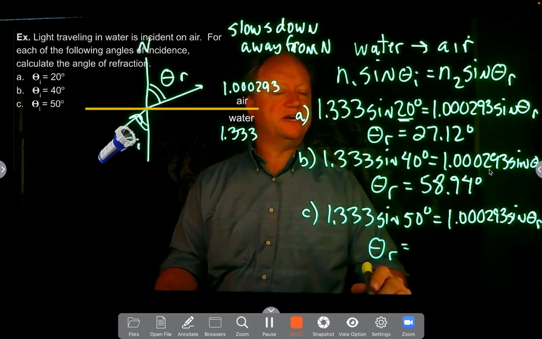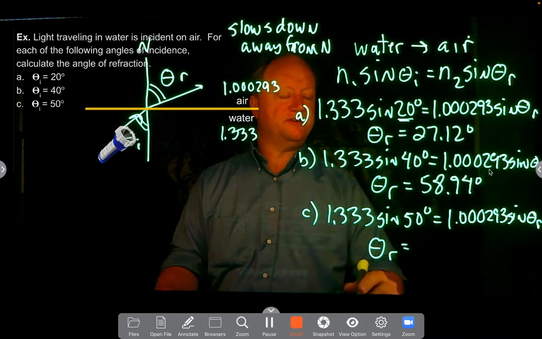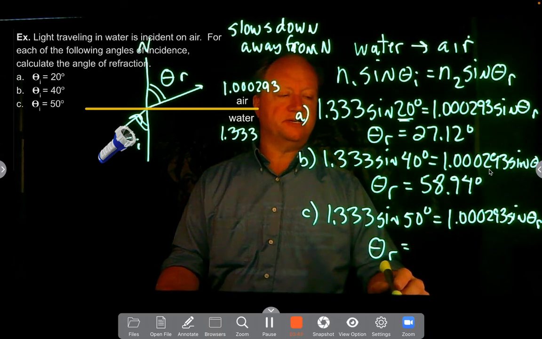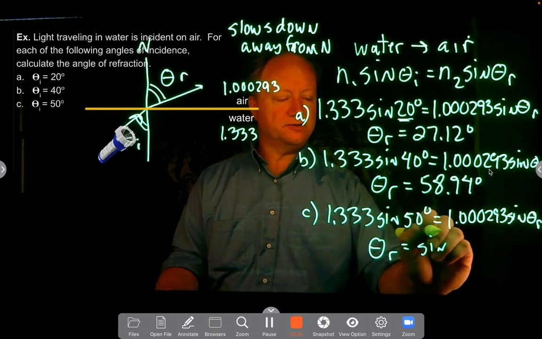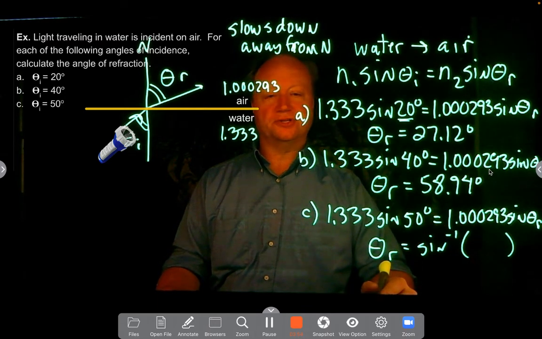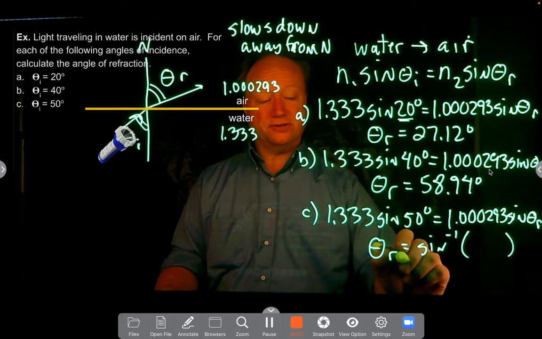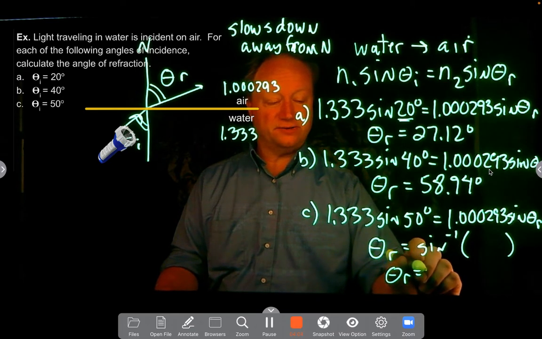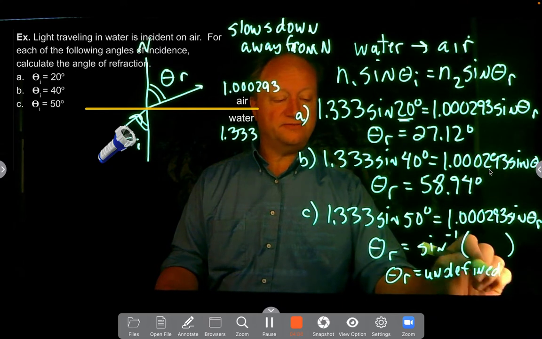When we solve for theta r, 1.333 sine 50, and then divide that by 1.000293, we're going to get the sine inverse of a number that is larger than 1. If it is greater than 1, we're going to get a theta r value that our calculator basically says is error or undefined.